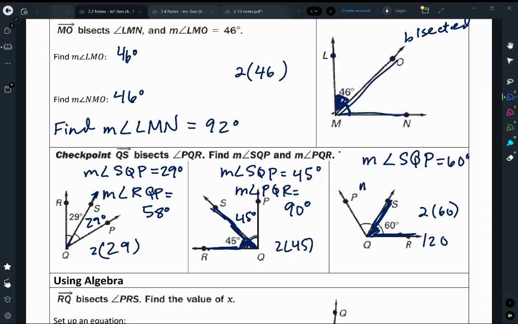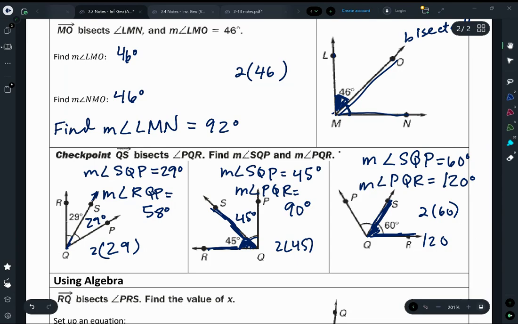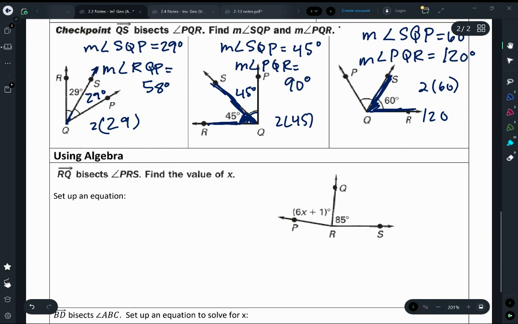And then my big angle is PQR, which is 120. So I really like multiplying by 2 to find the big angle, dividing by 2 to find the small one. To me, those are related, versus if I think about this as an addition thing, then when I'm finding my smaller angles, I'd have to think about what number adds to itself to make that whole big angle, and I think that's confusing. So I think multiplying by 2, dividing by 2 is just a better way to think about these.